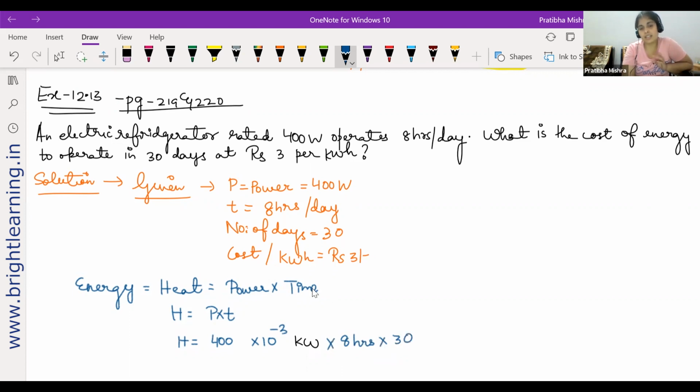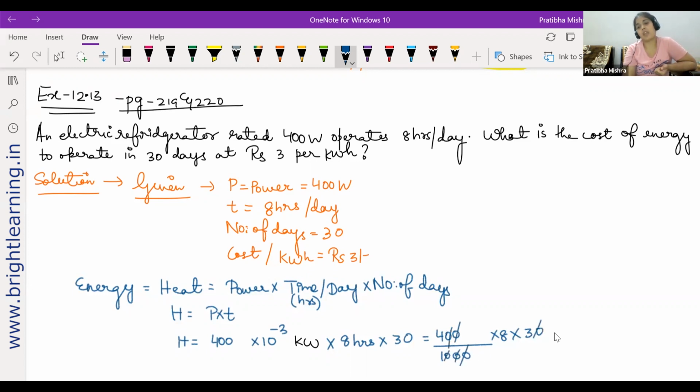So you just say time per day. In one day, you have how many hours, right? Into number of days. So basically, you are also multiplying the number of days. So everything you multiply, and let us just write it down over here. I'll just write 1,000 here because it will be easy to cancel out, and let's do that. Okay, that's the reason. 8 fours are 32.